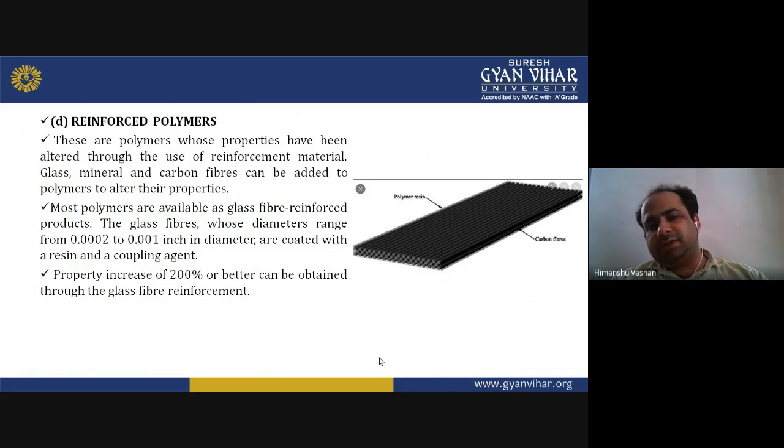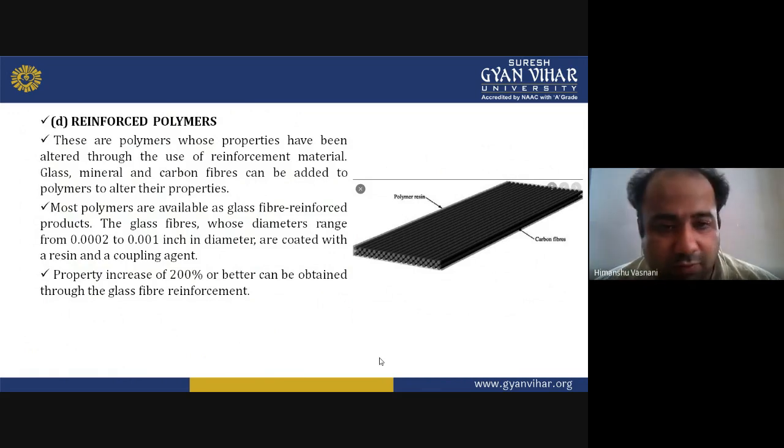Most polymers are available as glass fiber reinforced products. The glass fibers, whose diameters range from 0.0002 to 0.001 inch, are coated with a resin and a coupling agent.